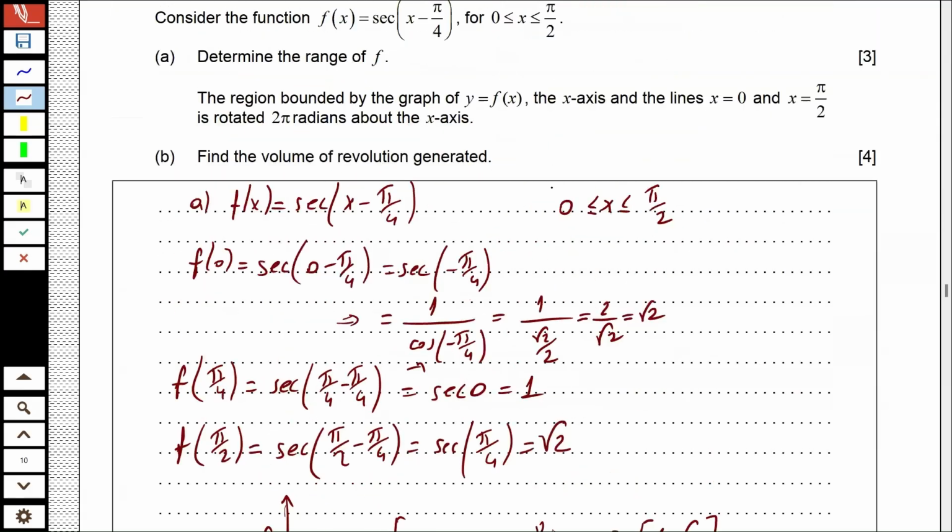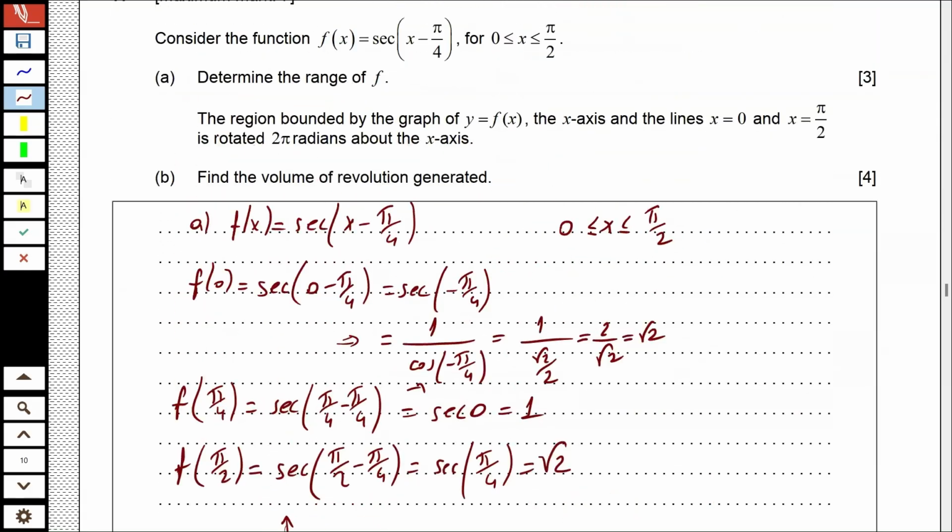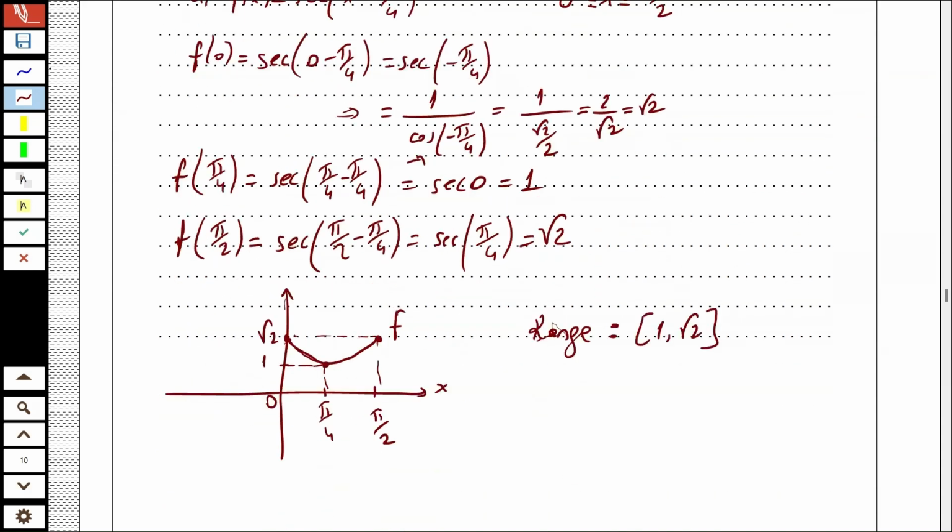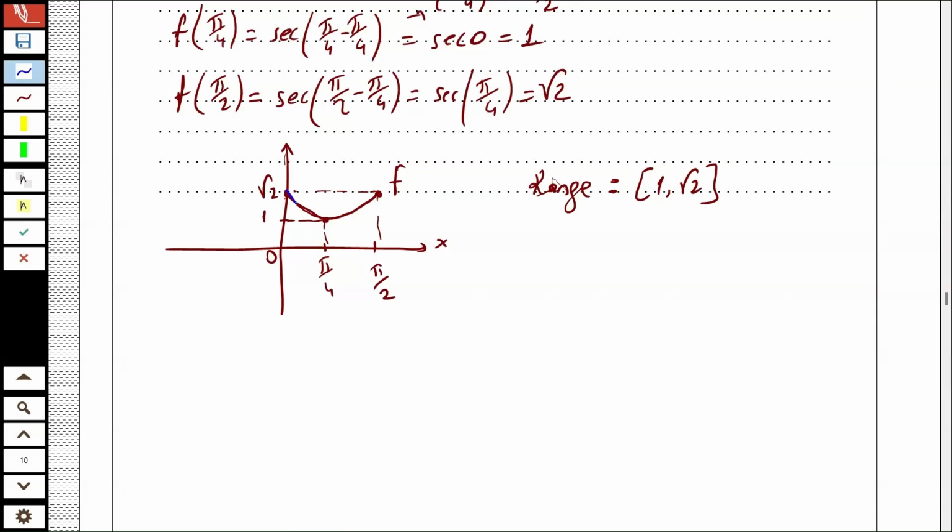What's question B? Find the region bounded by the graph of f of x, the x-axis, and the lines x equals 0 and x equals pi over 2, which is rotated 2 pi radians about the x-axis. Find the volume of revolution generated. So it's asking for the function, the x-axis, x equals 0, which is the y-axis, and x equals pi over 2.